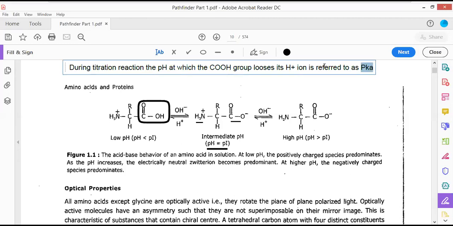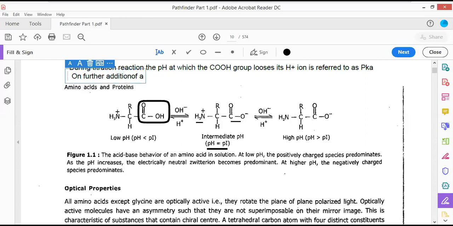Okay, on further reaction, what is going to happen? There is another molecule. On further addition of a base, the pH further increases above pI.